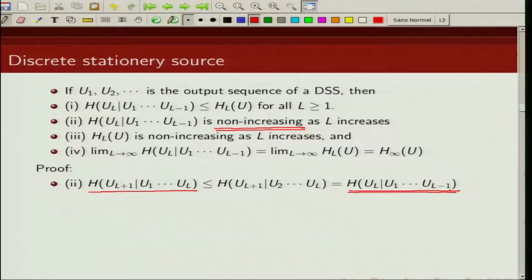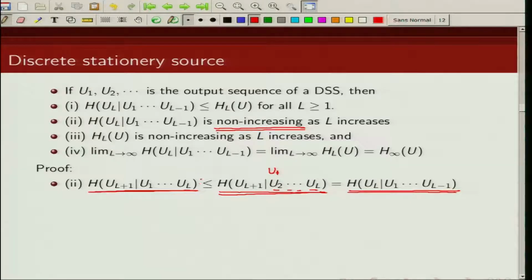So how do we prove it? First we write down the uncertainty in U_{L+1} given U_1, U_2, U_3, ..., U_L. Now this is less than or equal to the uncertainty in U_{L+1} given U_2, U_3, U_4, ..., U_L. So we have removed the conditioning on U_1.